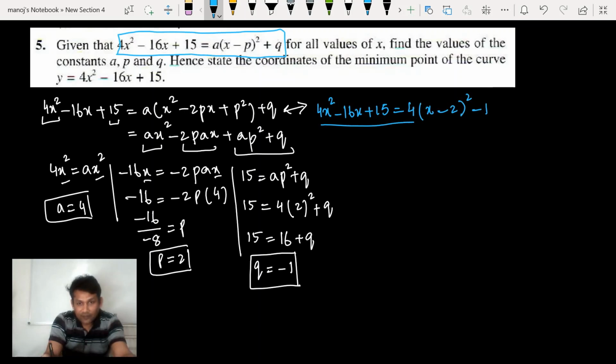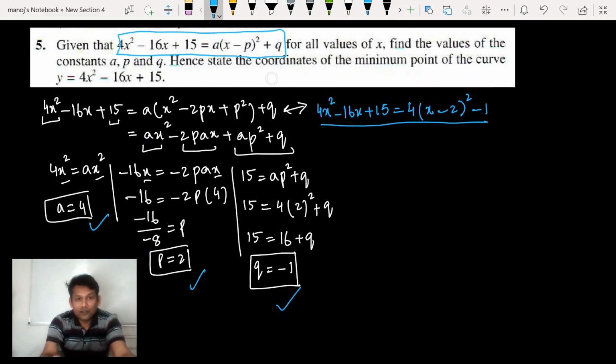This is the example. Please do not use the complete square form formula, just use this formula. Find the values of the constants a, p and q. We have found them, a, p and q. The first part is done.